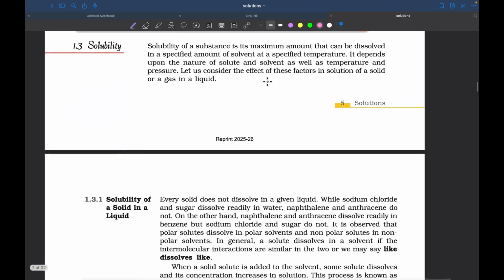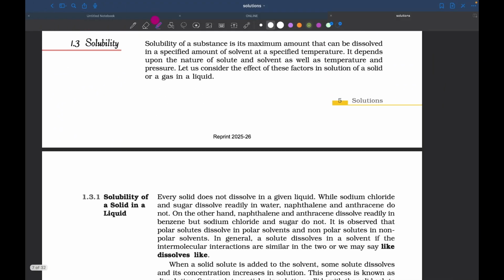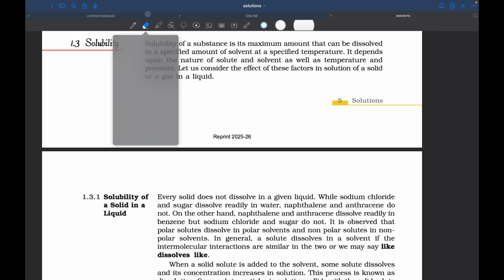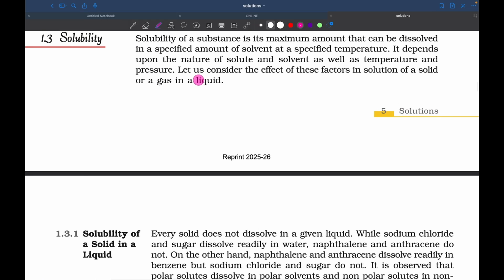Right, so this is the general introduction, you can check here. The solubility of a substance is its maximum amount that can be dissolved in a specified amount of solvent at specified temperature. It depends upon the nature of the solute and nature of the solvent as well as the temperature and pressure.